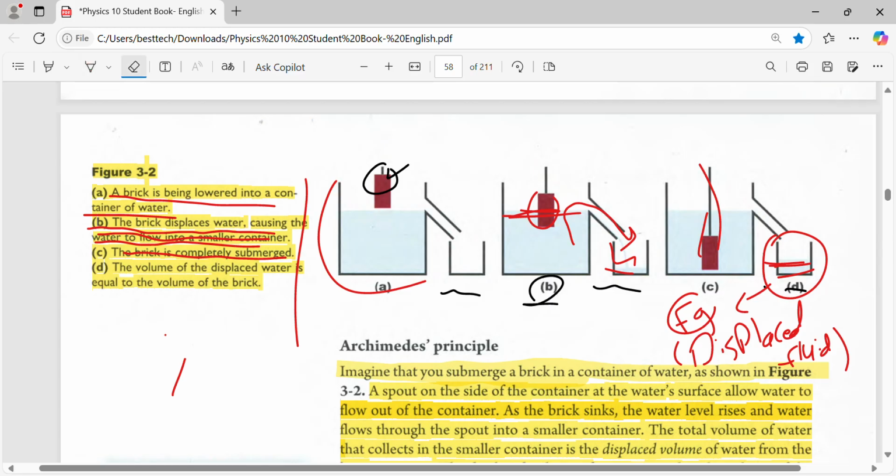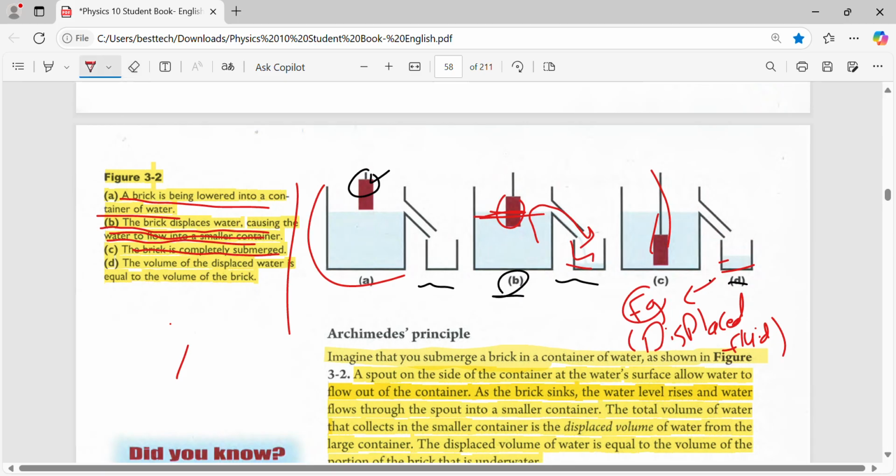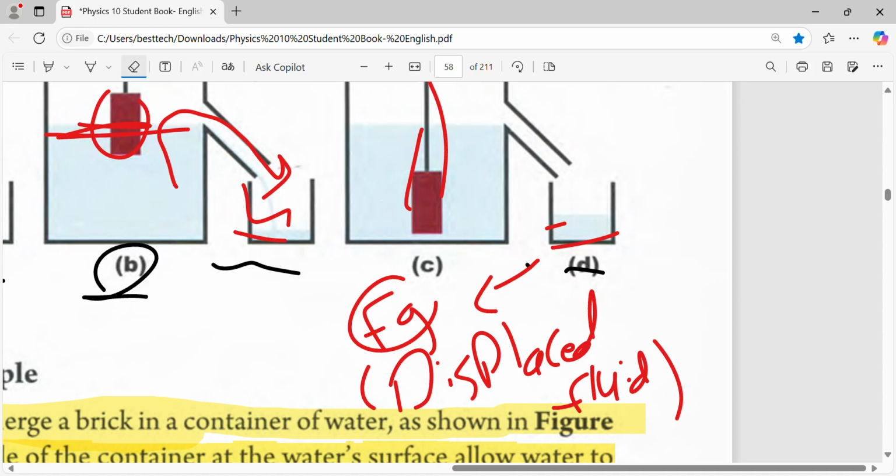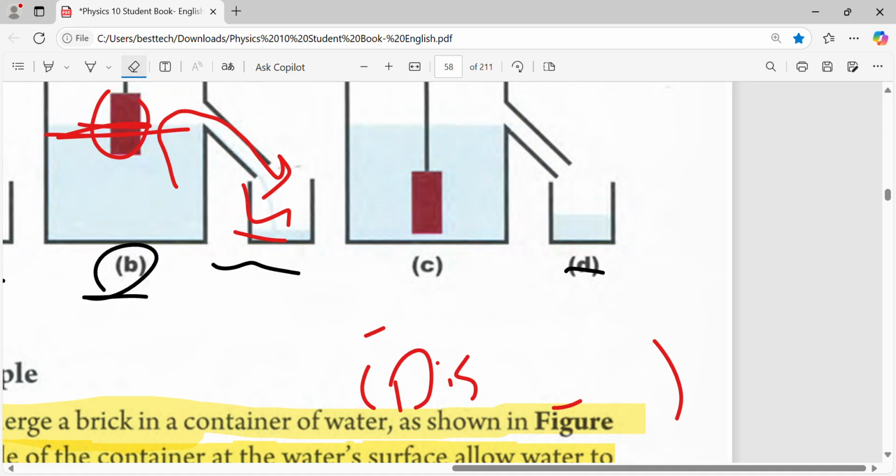Look at part D, this small container. In part D, the volume of the displaced water is equal to the volume of the brick. Guys, you know what that means? How much is the size of this brick? When you bring the object totally down into the water, more water comes out.